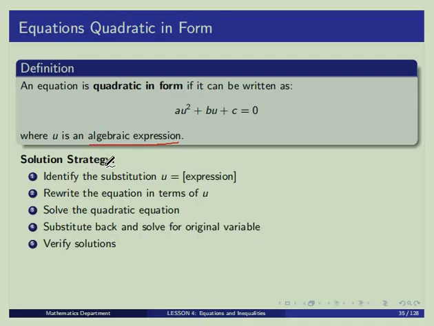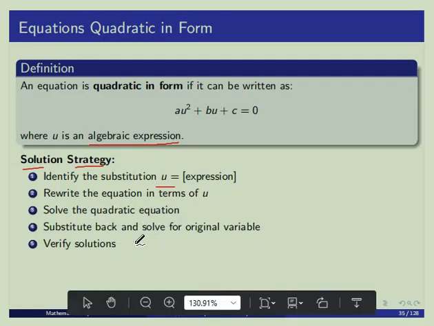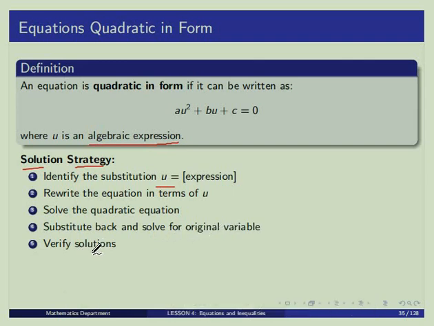The strategy for getting the solution: you identify the substitution for the expression u, and then you rewrite the equation in terms of u. Then you solve the quadratic equation, then you substitute back and solve for the original variable, then you verify the solution.